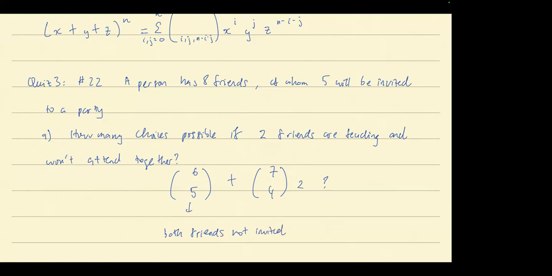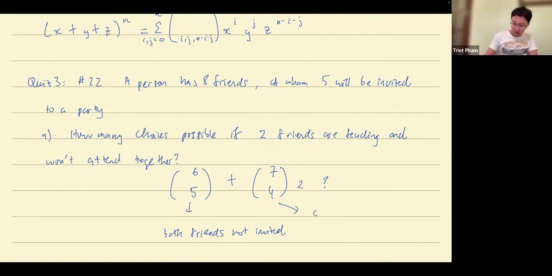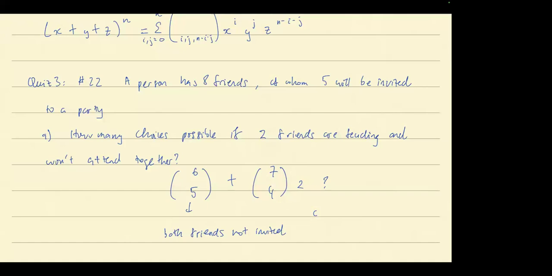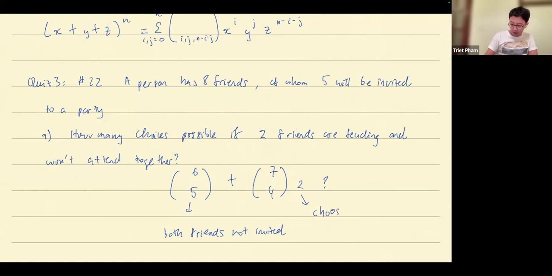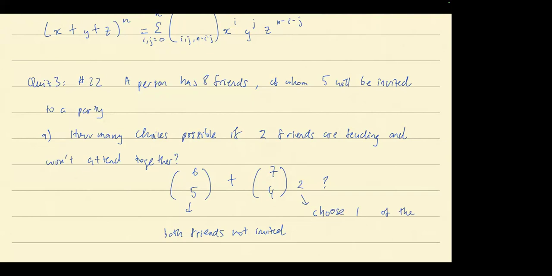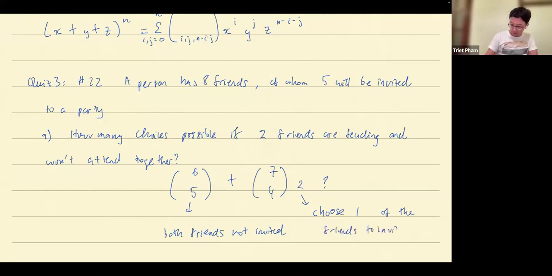And then 7 choose 4 would be if one of them is invited, but not the other. The 2 here is choose one of the friends to invite, right?